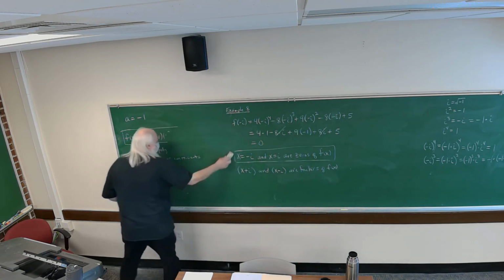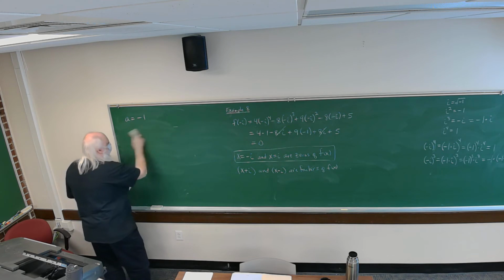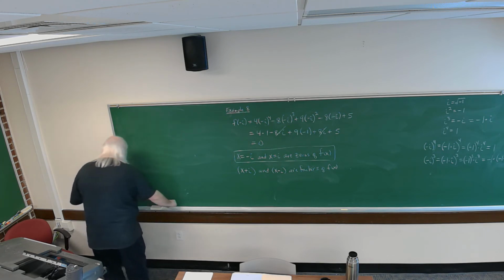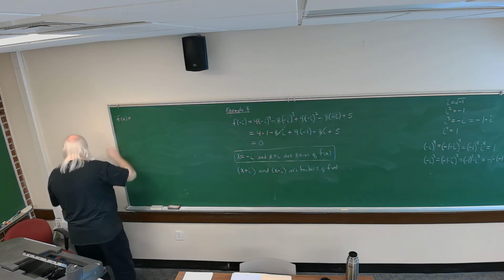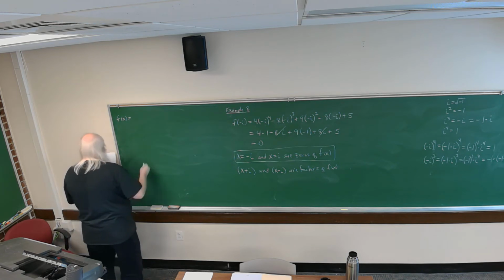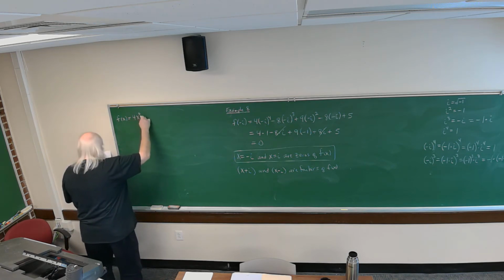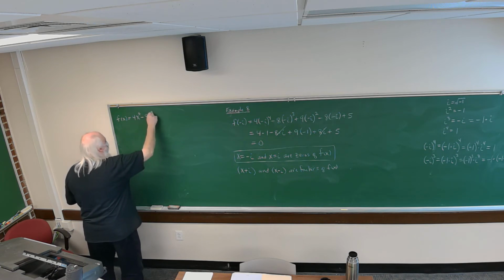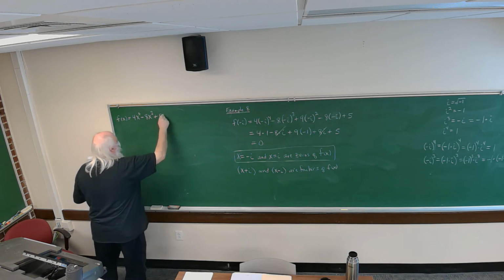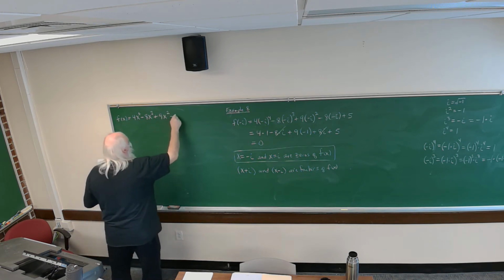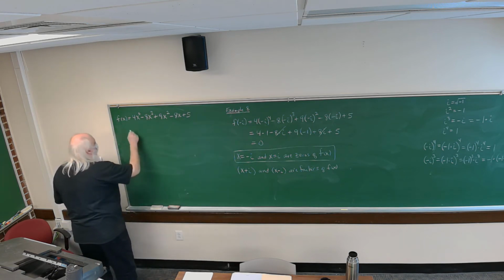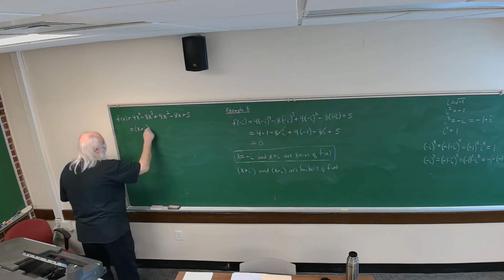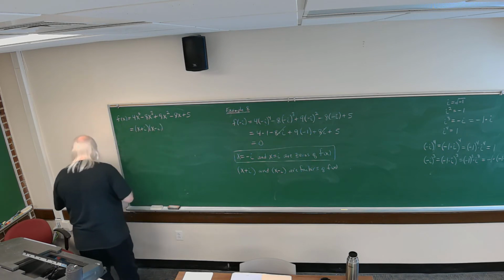So, our polynomial f of x equals 4x to the 4th minus 8x cubed plus 9x squared minus 8x plus 5 can be factored into x plus I times x minus I, right?